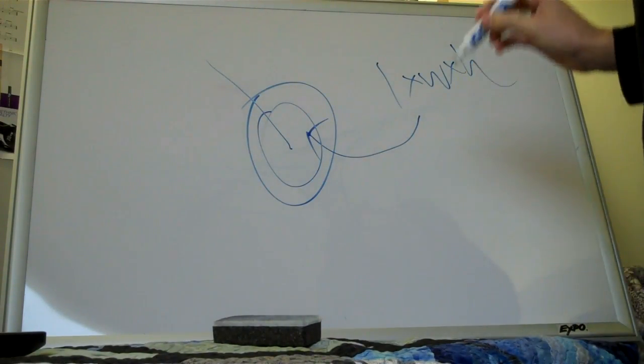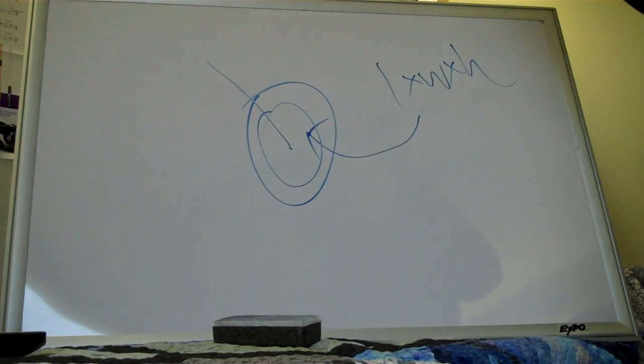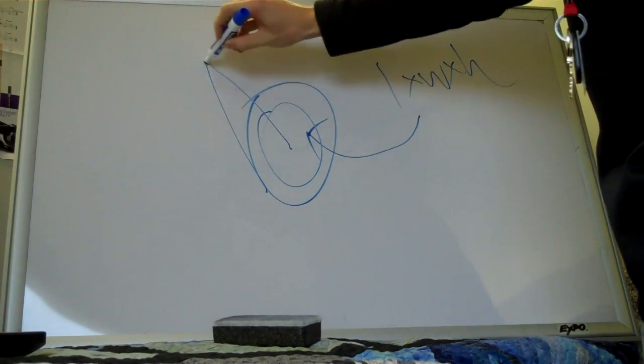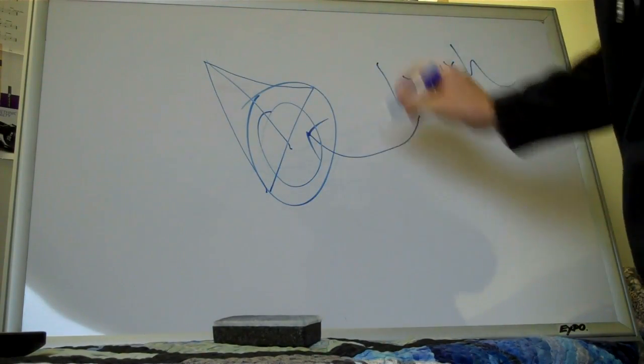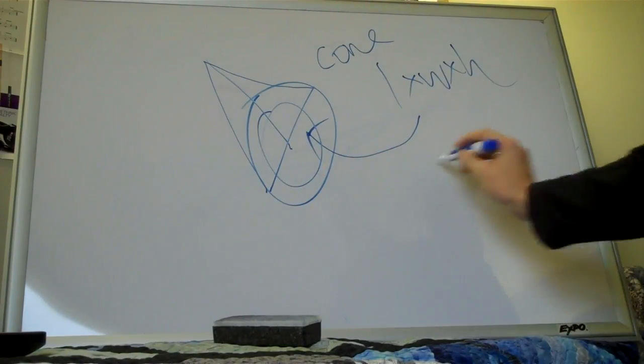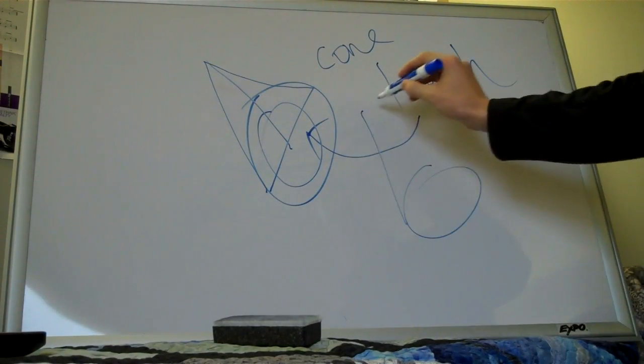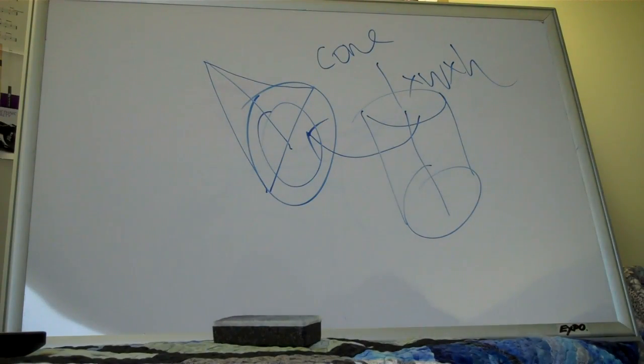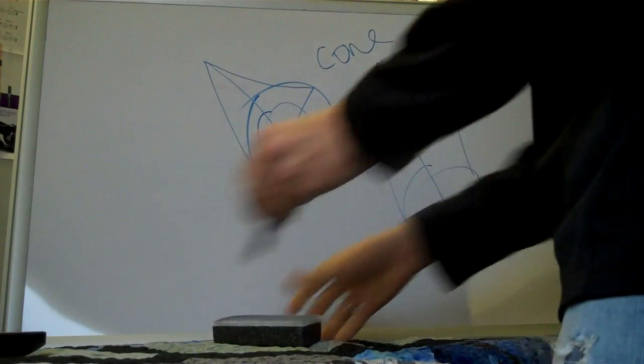The natural shapes that you should think of are, you can make a triangle here to make a cone, or you can just add a circle on top, make a cylinder. And it only asked for two, so that's your answer. Cone and cylinder.